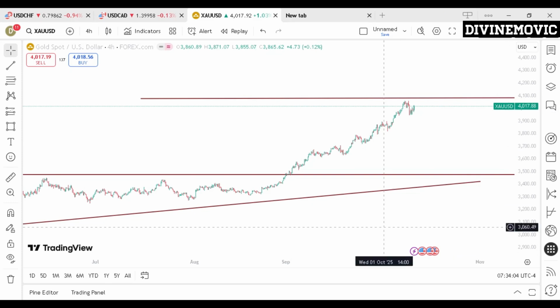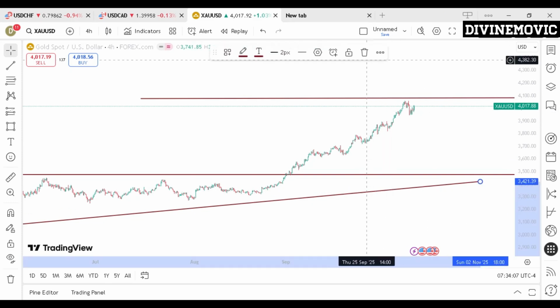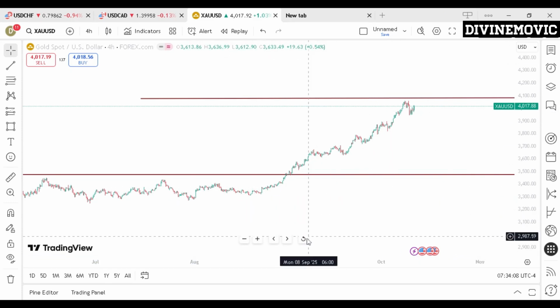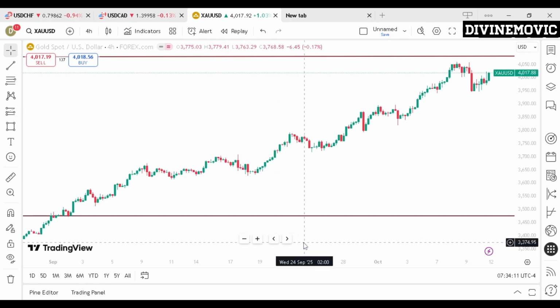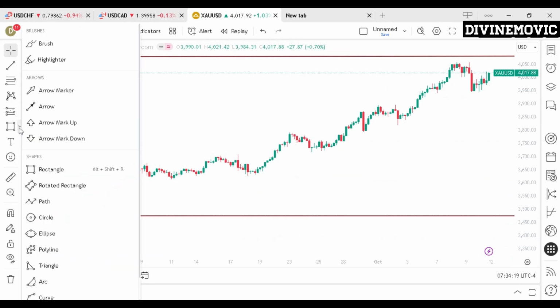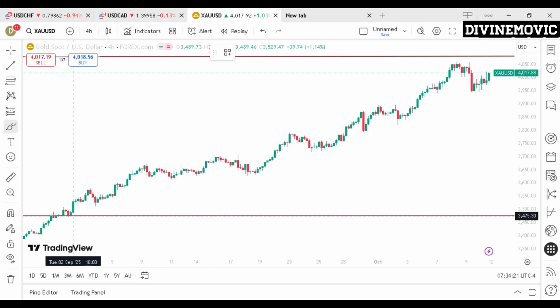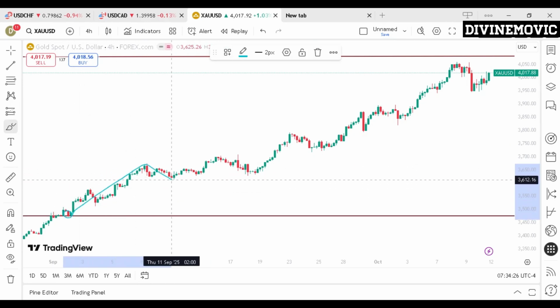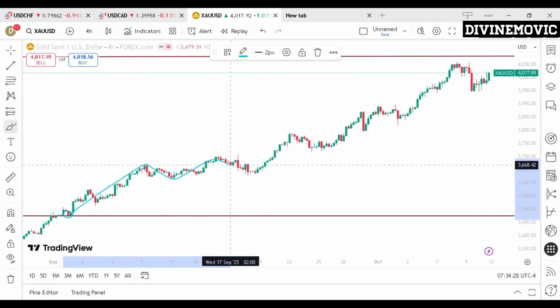In this case here, let me remove this other one here. The two lines we can see is simply our resistance and our support key levels. And looking from the support level to the resistance key level, we see that price is in an uptrend, right? That price is giving us a strong uptrend. Here is simply the low, the high, the low, the high, the low.